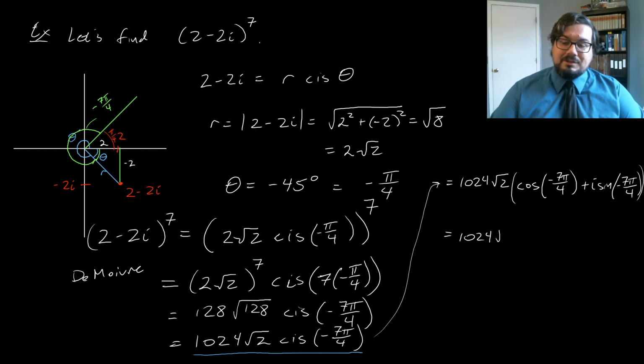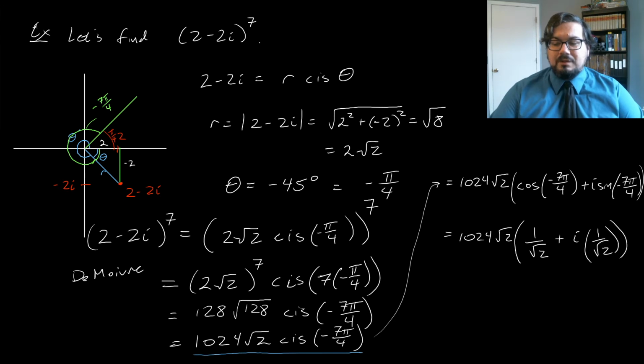So we get 1024 times the square root of 2 times, now cosine of negative 7 pi over 4 will be, not negative, will be just 1 over the square root of 2, because that's cosine of pi over 4, plus i, and then sine of negative 7 pi over 4 is also 1 over the square root of 2, because that's sine of pi over 4.